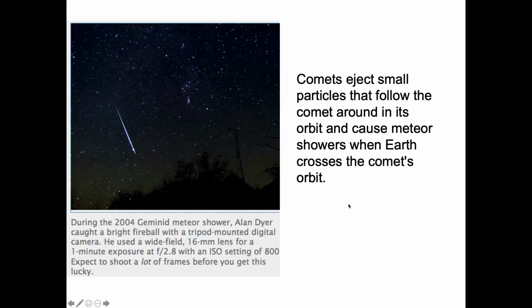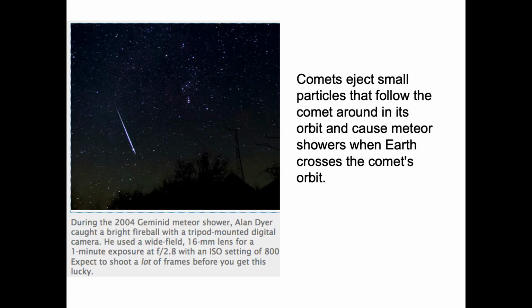And when they do, that is when we tend to have meteor showers. So meteor showers can be from comets as well. It's when we tend to have a lot of them happening at once. We call it a meteor shower.